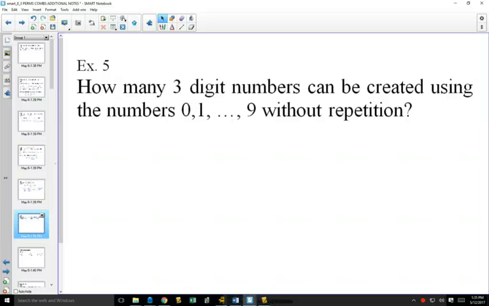How many 3-digit numbers can be created using 0 to 9 without repetition? Three decisions, because you're making a 3-digit number. Any restrictions?